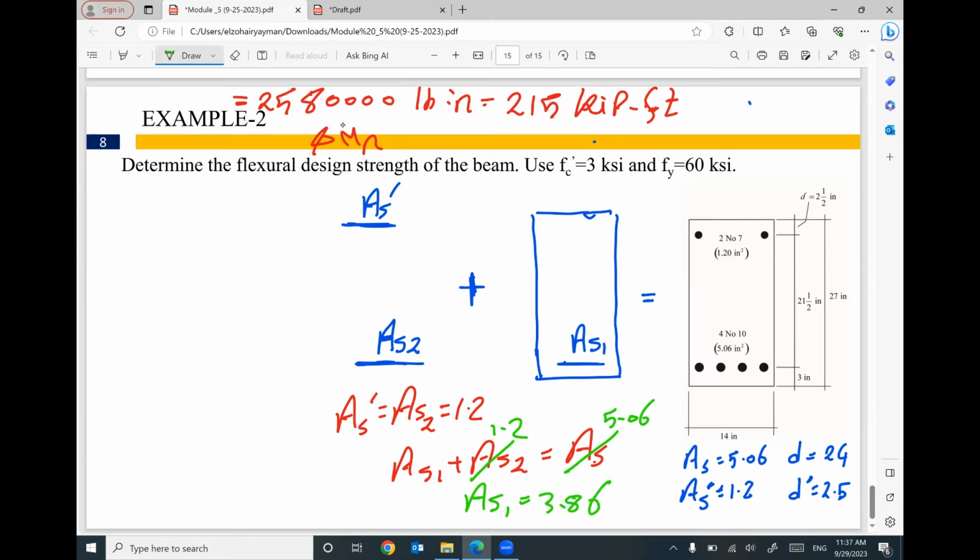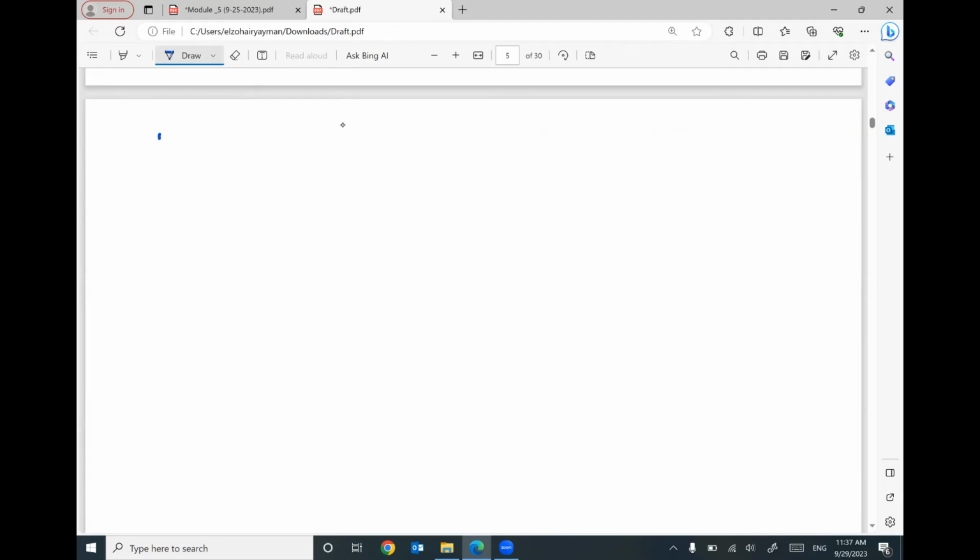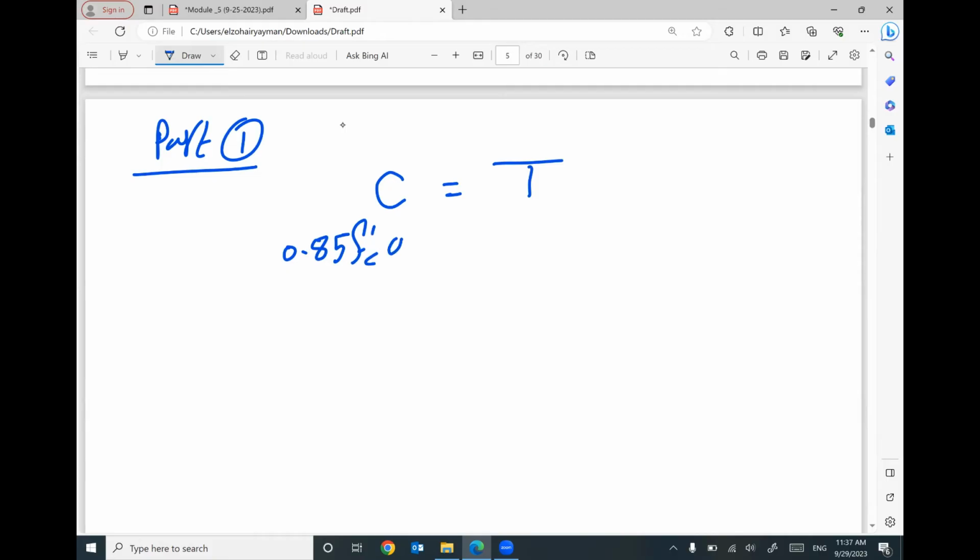I will start with part number 1. I have the neutral axis here. We have capital C. We have capital T. So I will solve it for part number 1. I said capital C equals capital T. So 0.85 F prime C times A times B equals area steel 1, because we are talking about part number 1, times F yield.